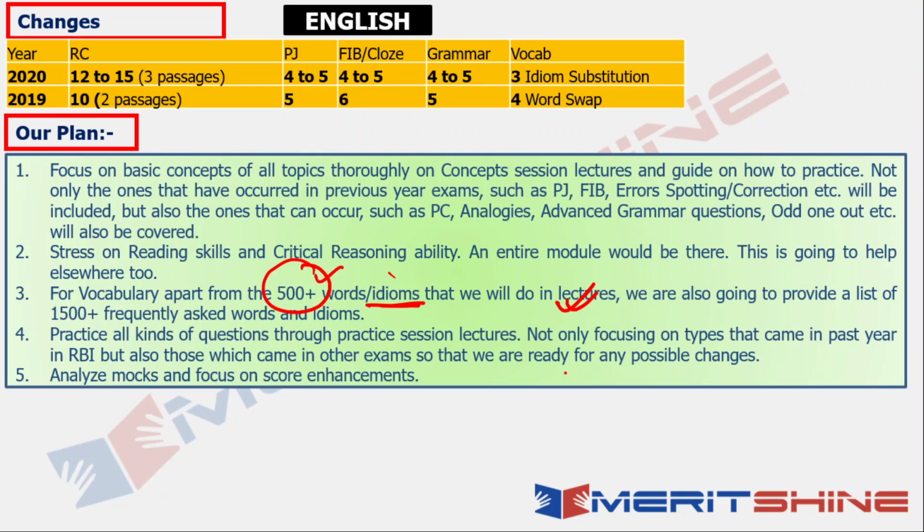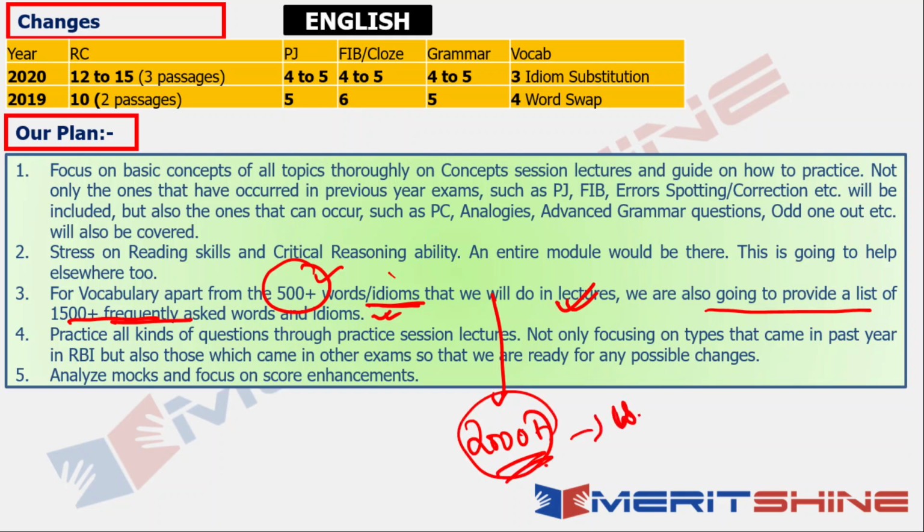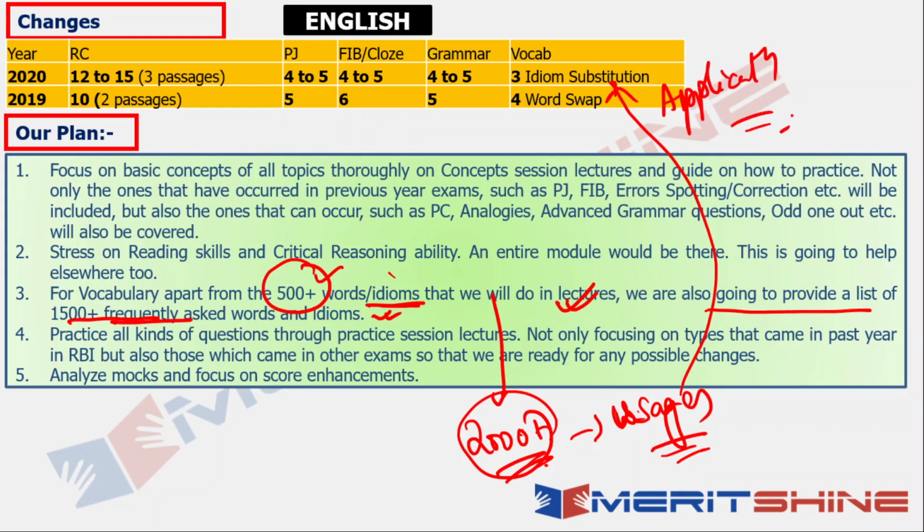Apart from that, we are also going to provide you a list of 1500 plus frequently asked words and idioms. So you'd be privy to more than 2000 words or idioms with a lot of their usages too, which obviously is going to help you in vocab application questions like these.